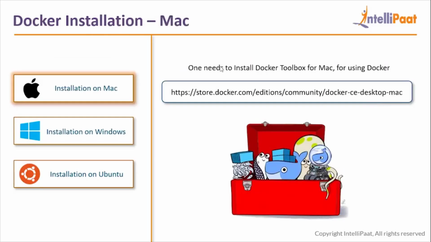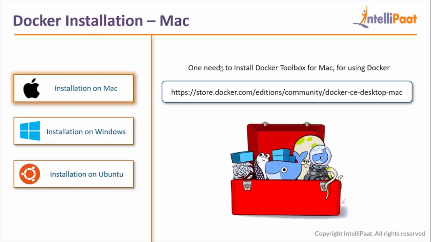All right. So if you're on Mac, guys, all you have to do is go to this link. This link is basically going to download the Docker toolbox for Mac. And once you have the Docker toolbox, it'll basically install everything. It'll install Compose, it'll install the Docker software, it'll install the other components of Docker. So you don't have to worry about what component is what.